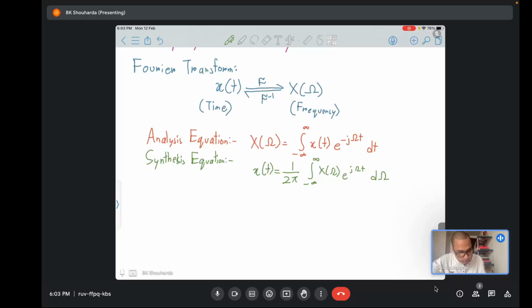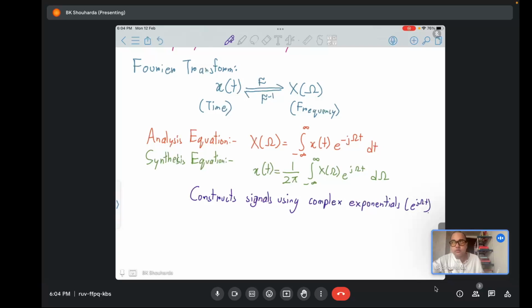Okay, so what does it say? Basically it constructs signals using complex exponentials e to the power j omega t.